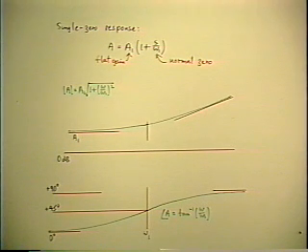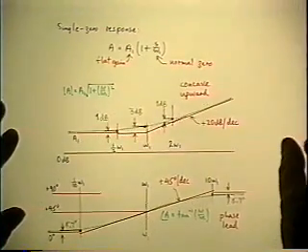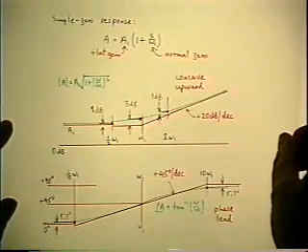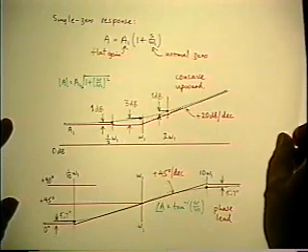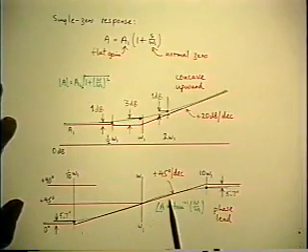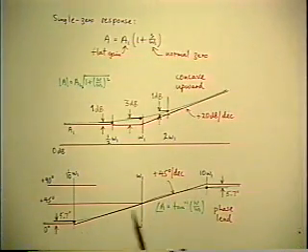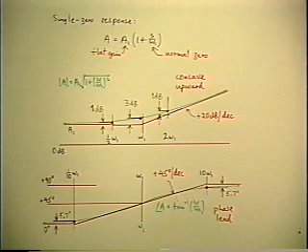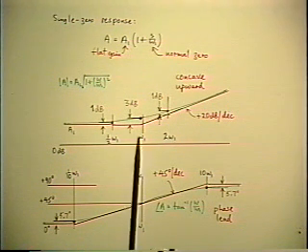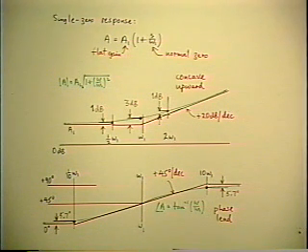And of course all the salient features go along with it, including the 3 dB point and the 1 dB points, and including the phase slope, which is now plus 45 degrees per decade instead of minus. It's a simple vertical inversion of both the magnitude and the phase graph.